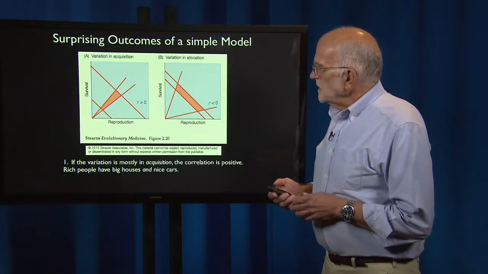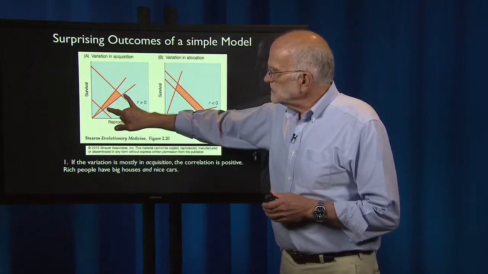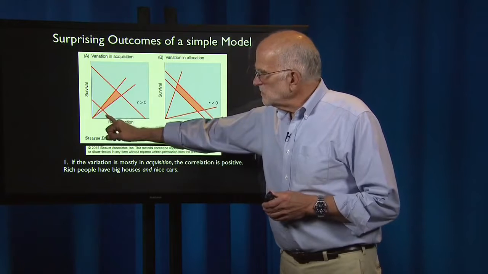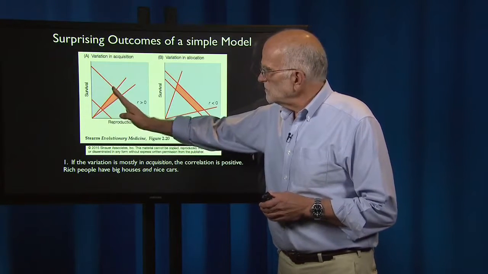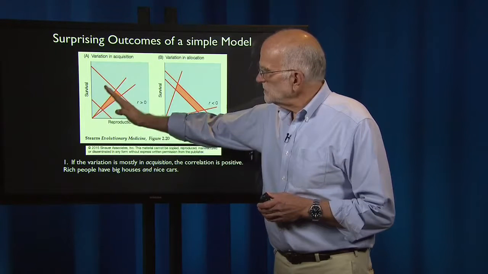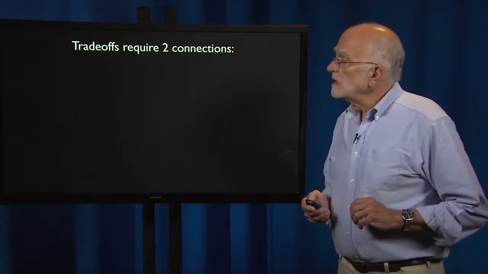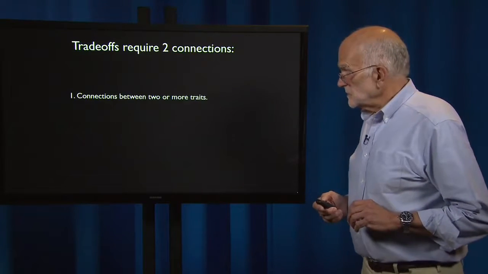Basically, what is going on here is that if the variation is mostly in how much energy is acquired, then this would be little energy acquired here, this would be a lot of energy acquired here, lower line, little energy in other things in the patient because their traits are connected through trade-offs. Trade-offs require two connections.